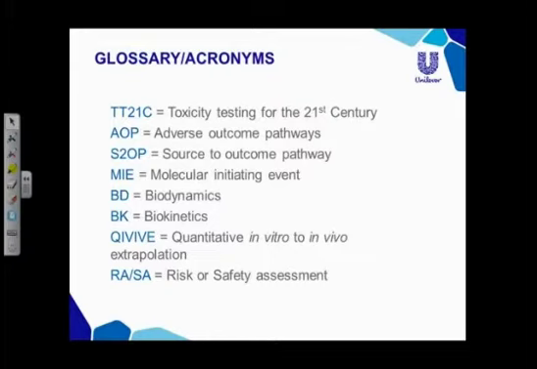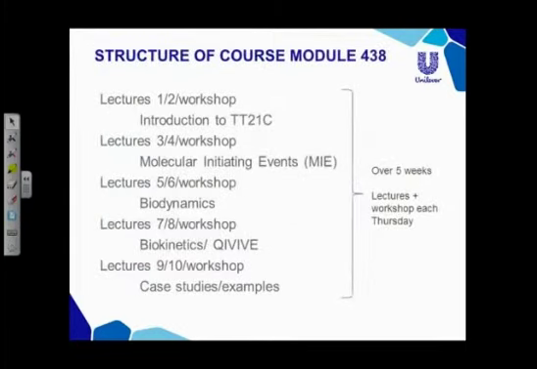And trying to make the leap between something you measure in some in vitro system and what actually might happen in the human body, or in an environmental or aquatic species, we have to do these quantitative in vitro to in vivo extrapolations, the QIVIVE. And my slides are probably peppered with RA and SA, which is just risk assessment and safety assessment.